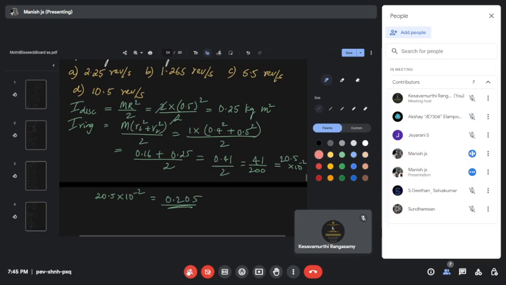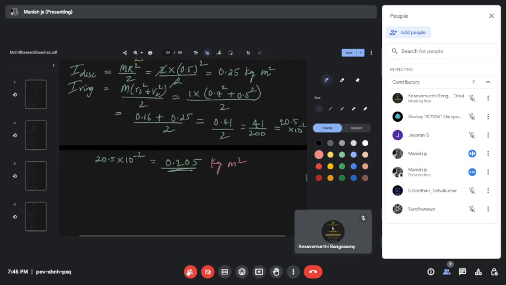So 0.205 is the moment of inertia for the ring, and the unit is kilogram meter square again. So for both we have calculated the moment of inertia: I disk is 0.25 and the moment of inertia of the ring is 0.205. We have both the values with us.